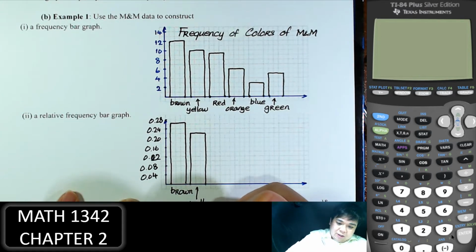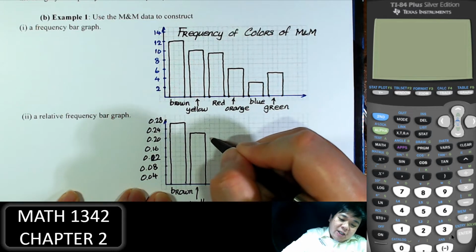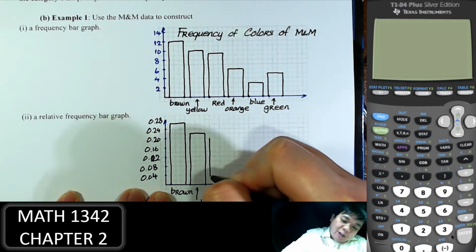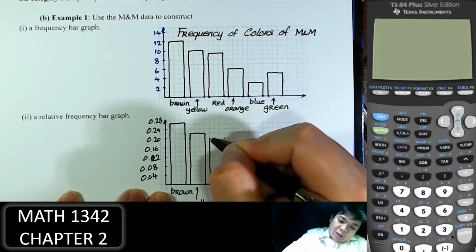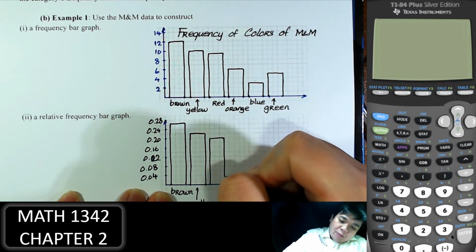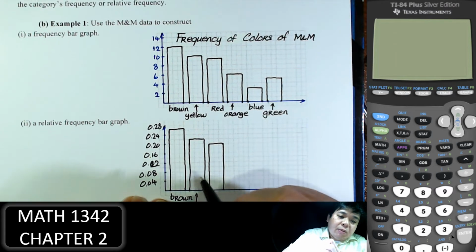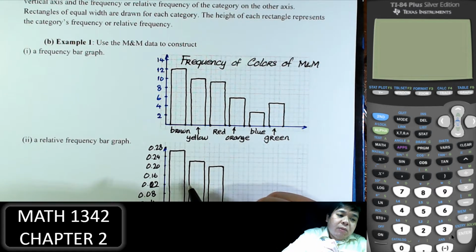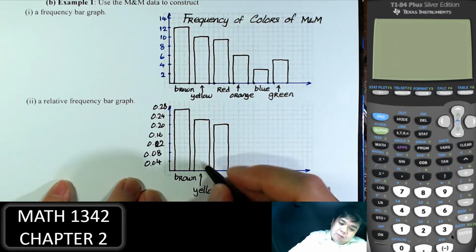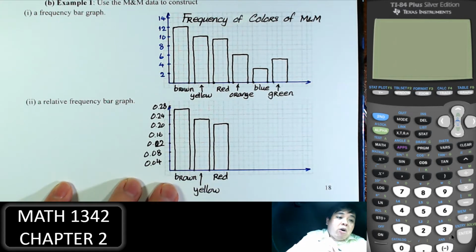Yellow. And then red, 20%, exactly. Orange is 13.3%.